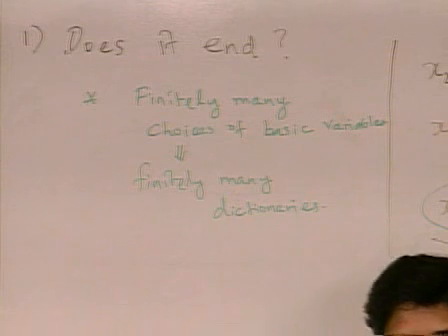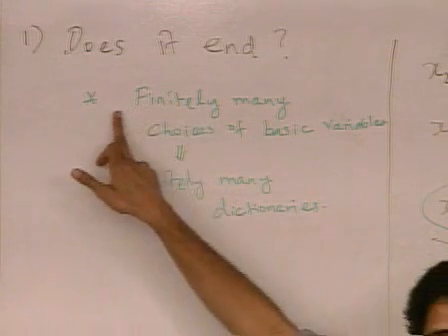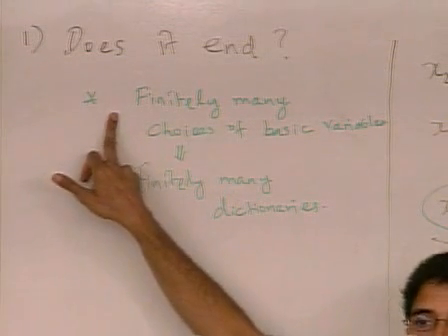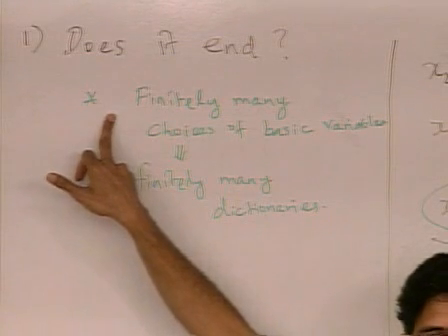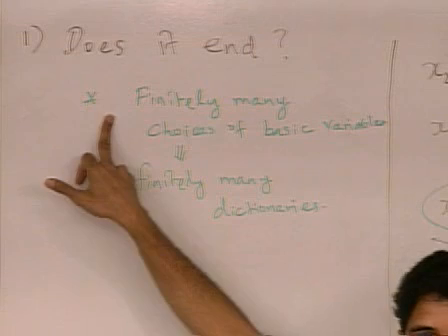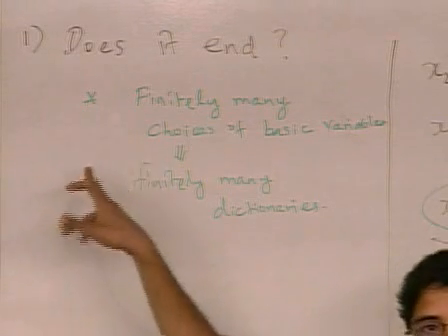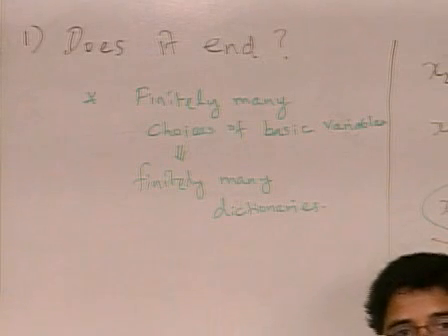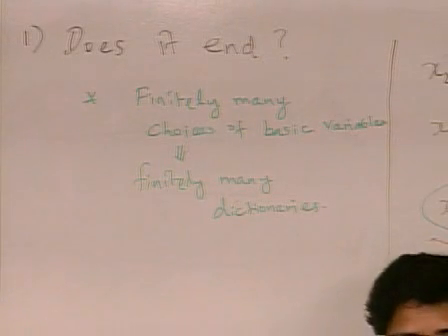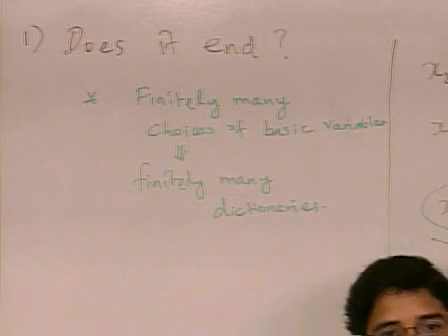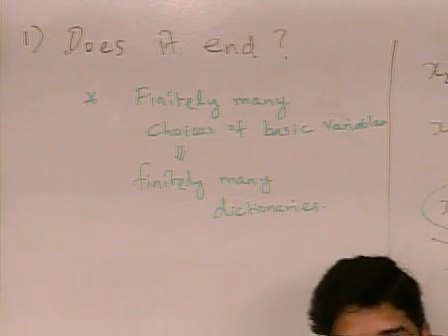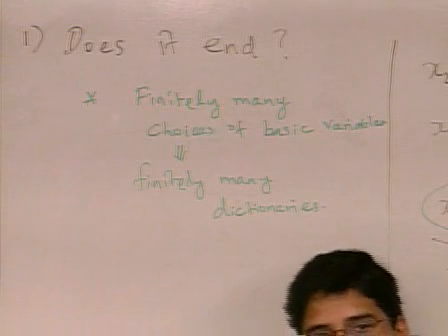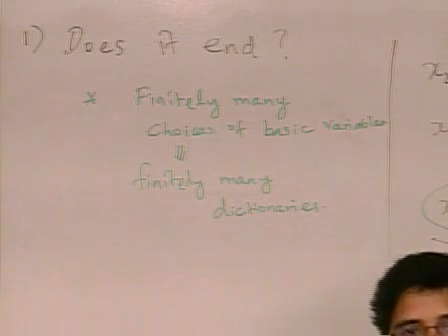This is a finite algorithm to solve linear programming problems. I give you that. But this doesn't answer the question we started out with, which is, does this procedure that goes from one dictionary to another, and from that dictionary to yet another, and so on, end?